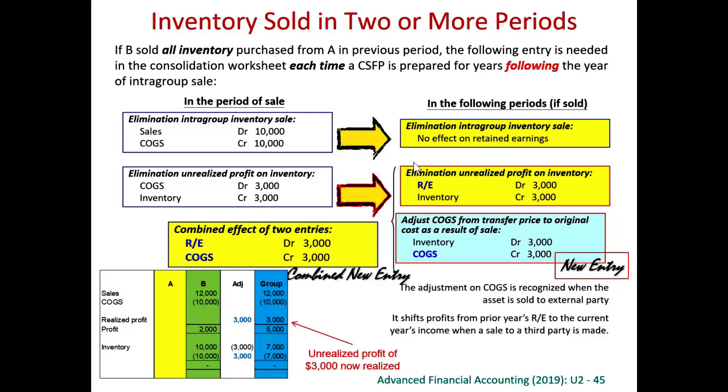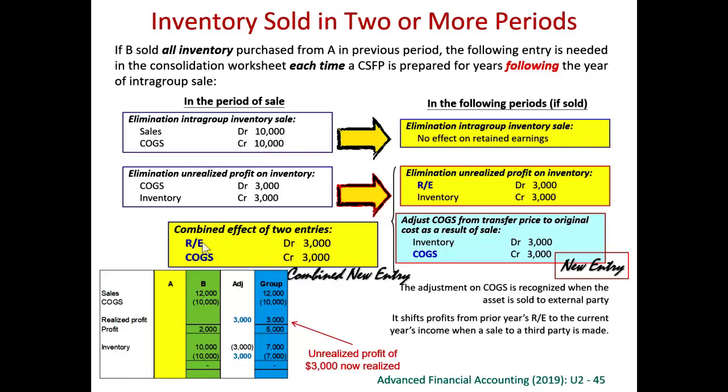Very often, I will combine these two journal entries into one. If I combine them, we debit retained earnings and credit cost of goods sold.